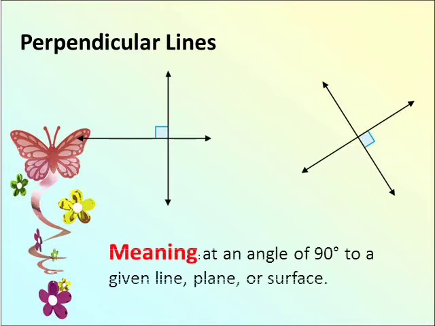In the dictionary, perpendicular means at an angle of 90 degrees to a given line, plane, or surface. If you look at the angle formed by these two lines, the size of the angle will always be 90 degrees. That's why we call these two lines perpendicular lines.